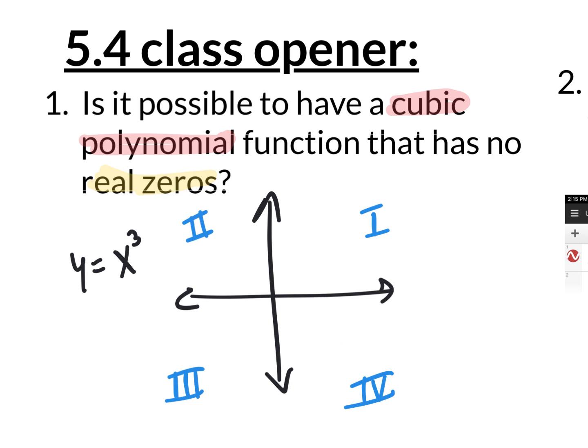Even if it's way up here somewhere, it's eventually going to cross at some point. So it's impossible to have no real zeros. It's going to have at least one. But then again, it could have 1, 2, 3. Anyways, it's not possible for it not to have real zeros because it's going to cross the x-axis. Let's move on.